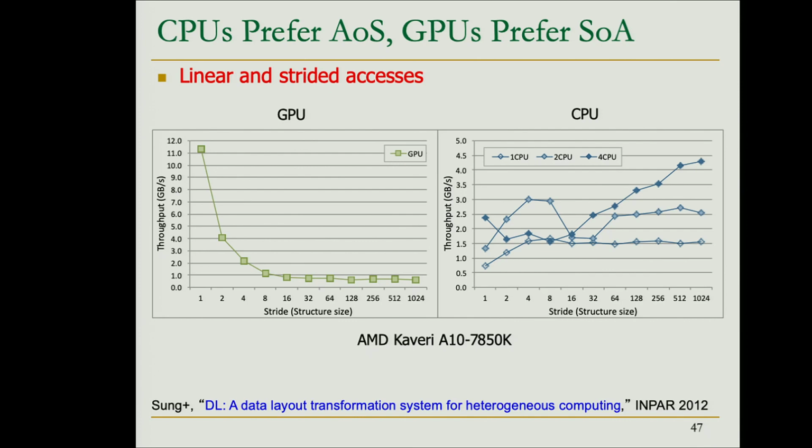However, if you compare that to a CPU, it's different. In the CPU, it looks not so irregular. In general, CPUs are fine with having larger structures. Why is that?